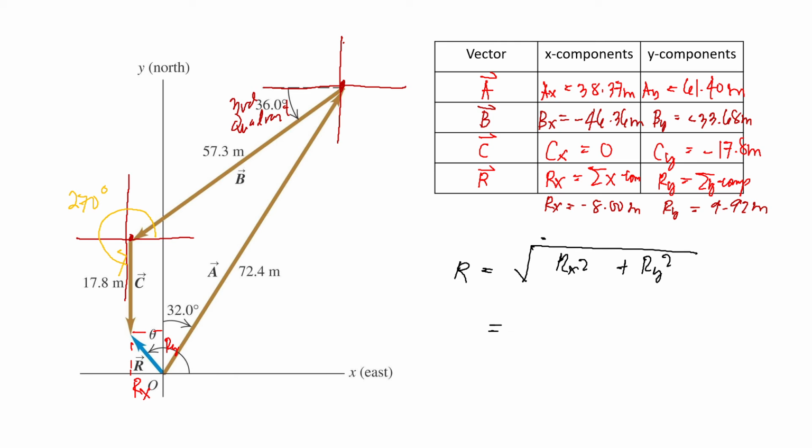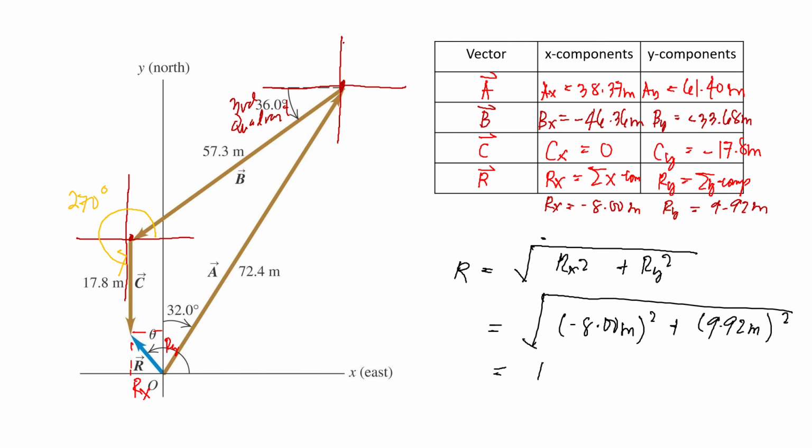So R is equal to the square root of negative 8 meters squared plus 9.92 meters squared. Your R is equal to 12.7 meters. So that is the magnitude of your vector R.